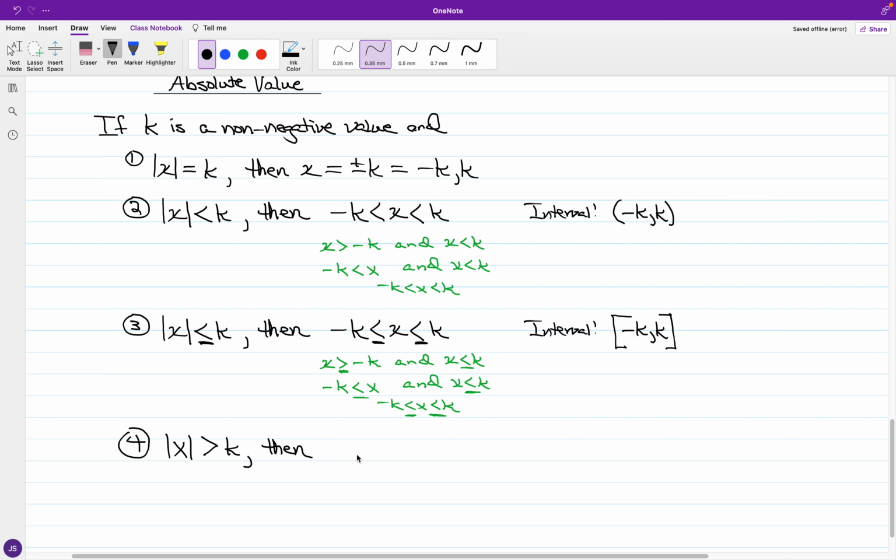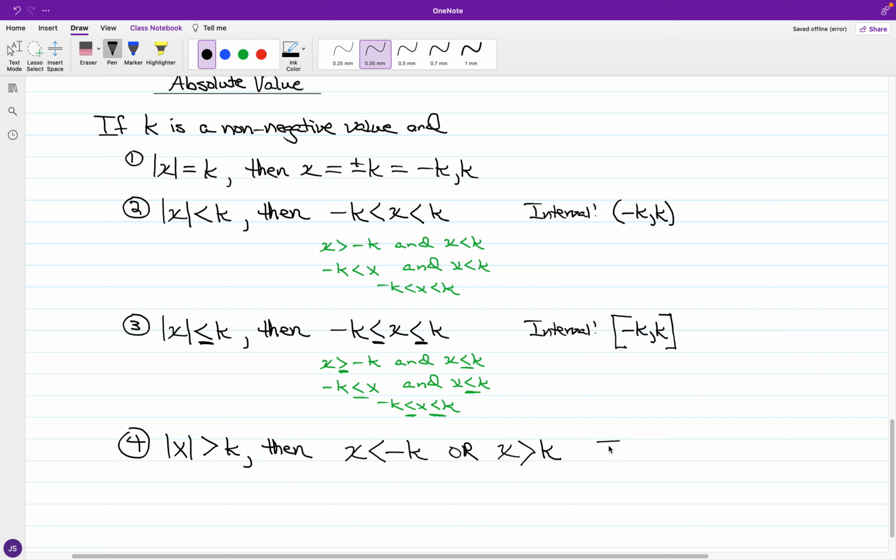So you'll be looking at extreme, almost like polar opposites, diametrically opposing situations. At the lower end, x is going to be less than negative k. This is one extreme, increasingly negative. At the other extreme, you have increasingly positive. So you have x is less than negative k or x is greater than k.